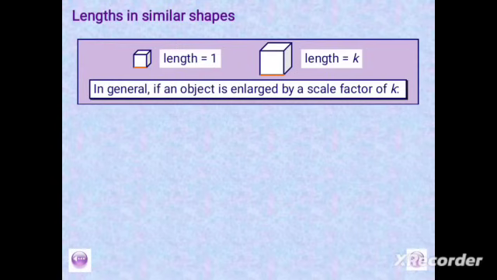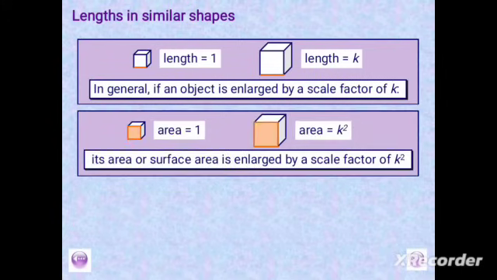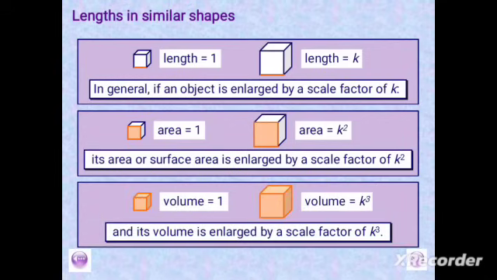And now in summary, if an object is enlarged by a scale factor of k, then its area or surface area is enlarged by a scale factor of k squared. So you just take that length, then you square it. And if an object is enlarged by a scale factor of k, then its volume is enlarged by a scale factor of k cubed.